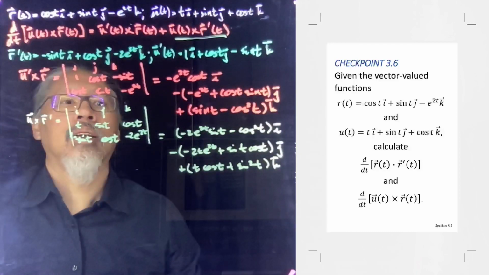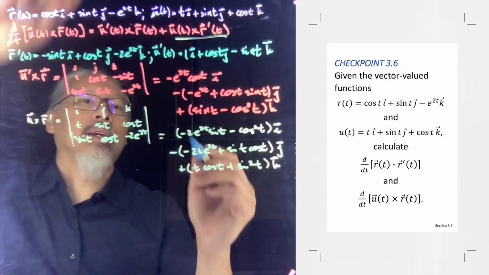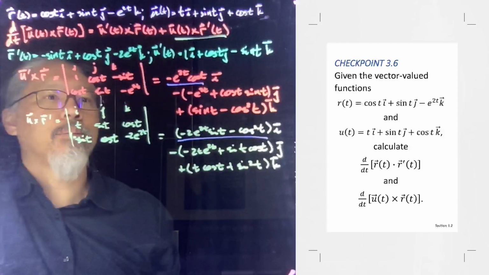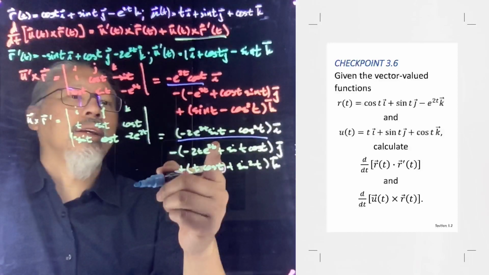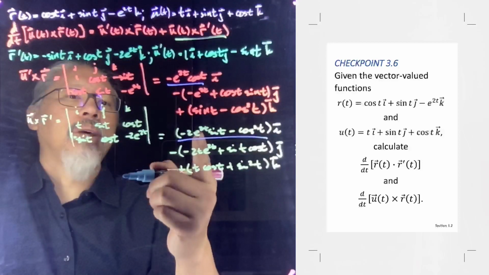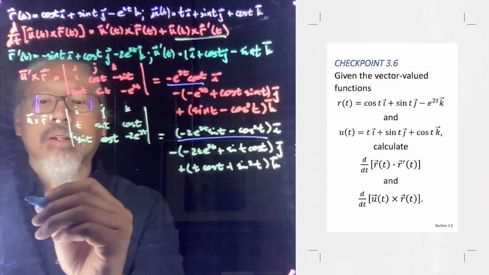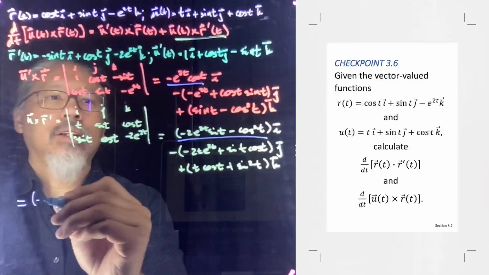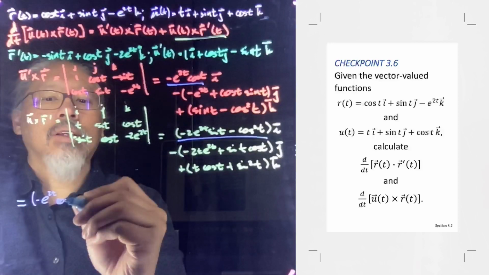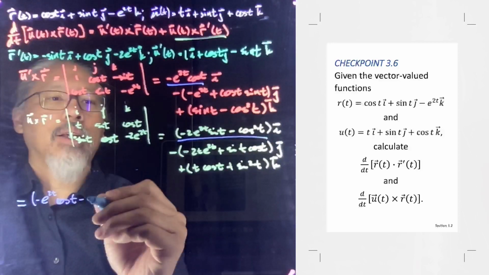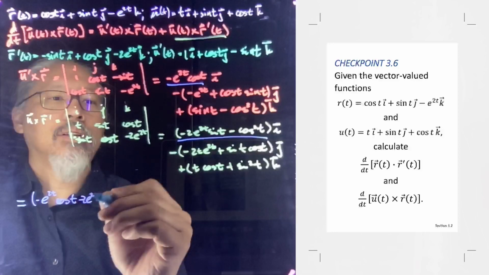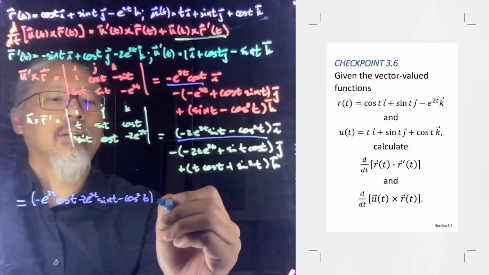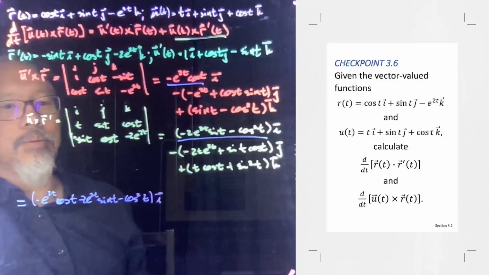Okay, all right, so we'll just add it up and let's see if things simplify. This is what's happening in the i direction, and there's not much to add up and put together, so let's just keep it as it is, and that would be a negative e to the 2t cosine t minus 2e to the 2t sine t minus cosine squared t, and that's in the i direction.